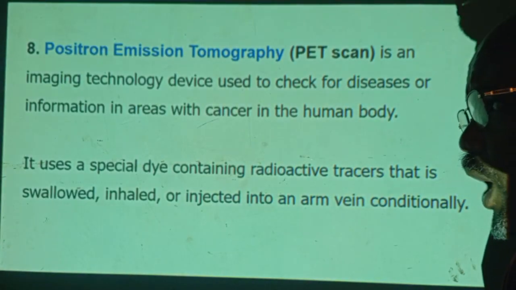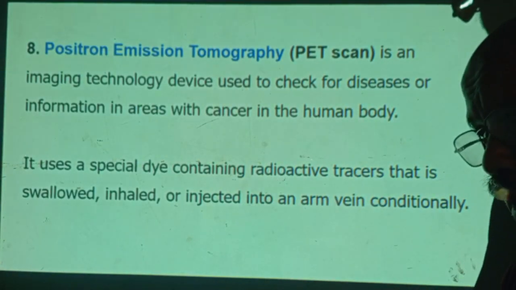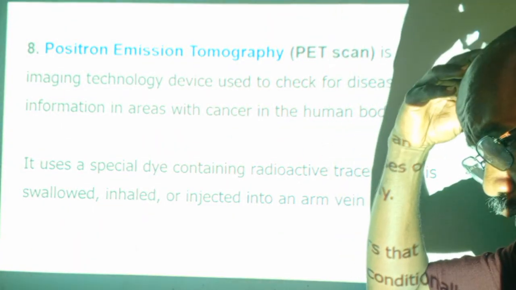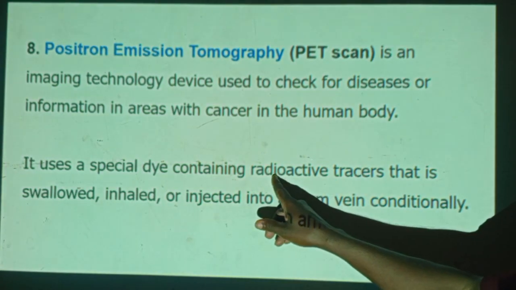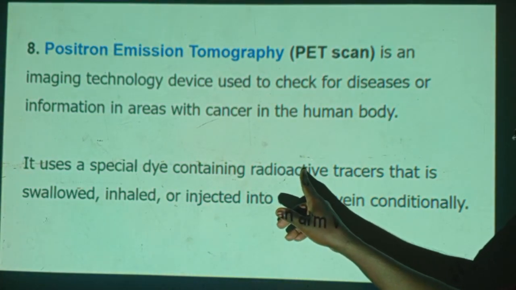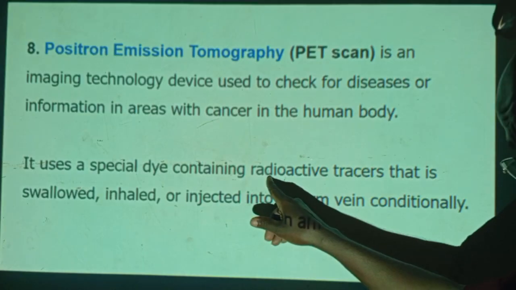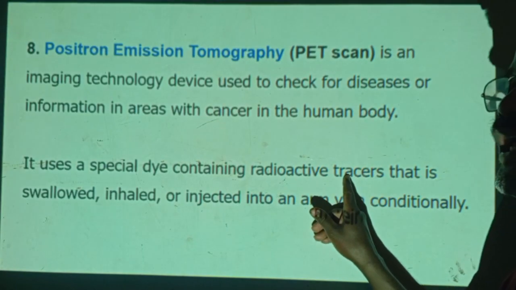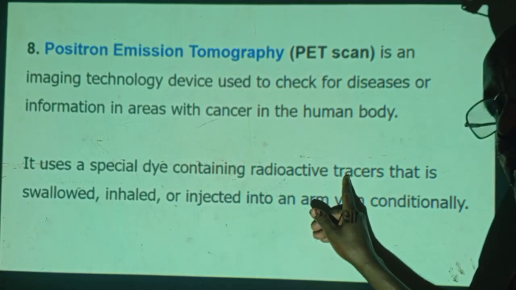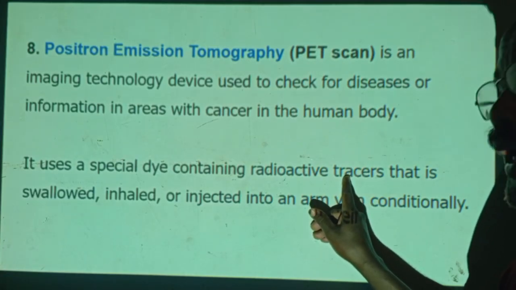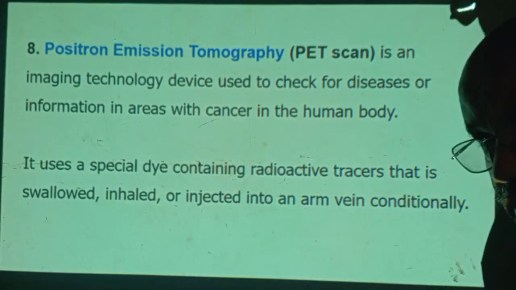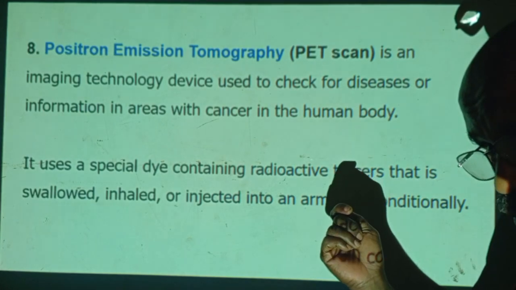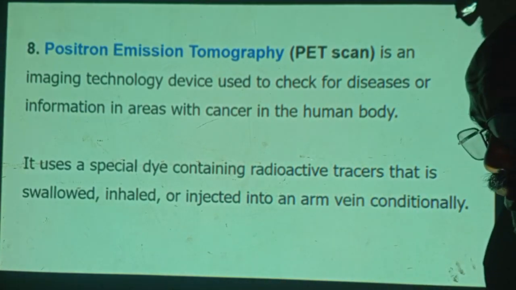If your body has cancer cells, for example in your brain, this radio labeled tracer, in this case glucose to which a radioactive element has been attached, like radioactive fluorine, goes into your body. The only difference from glucose is you take one hydrogen from one carbon and add one radioactive fluorine to it.